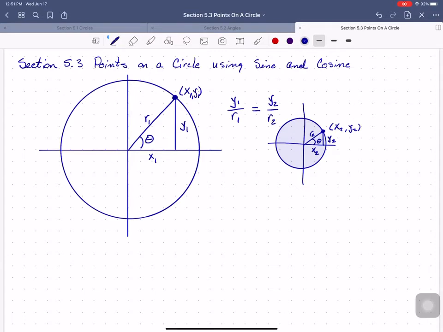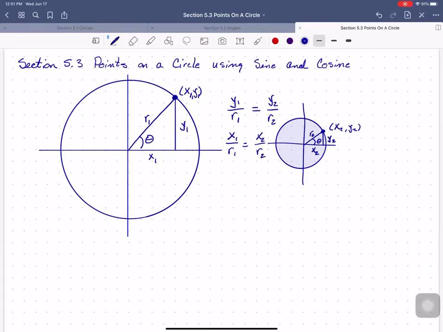In fact, you can see that. If I were to center that small circle inside, we've got similar triangles, and so the ratio that involves the x's is similarly equal.